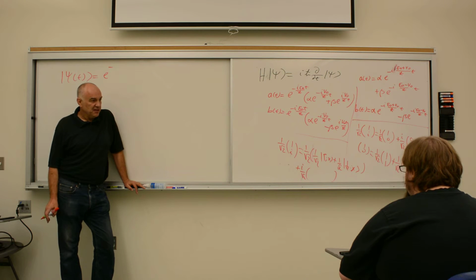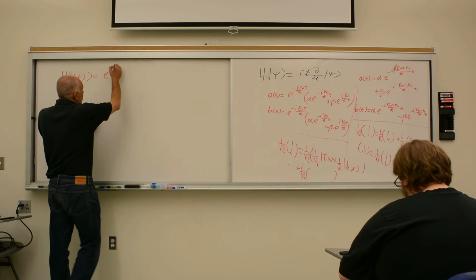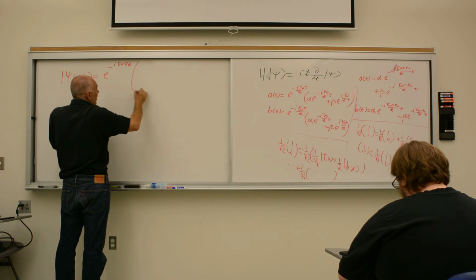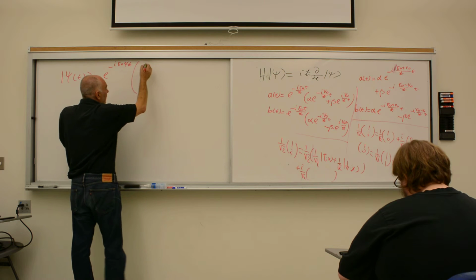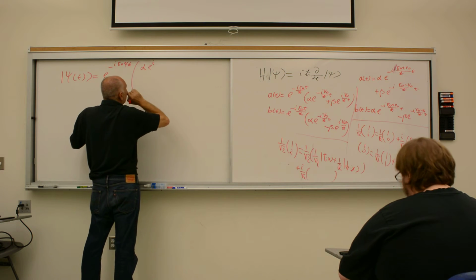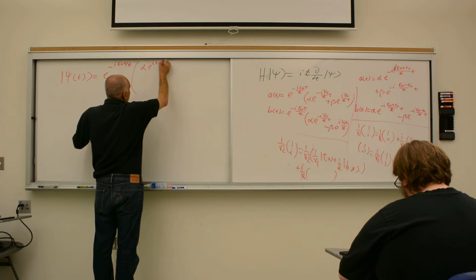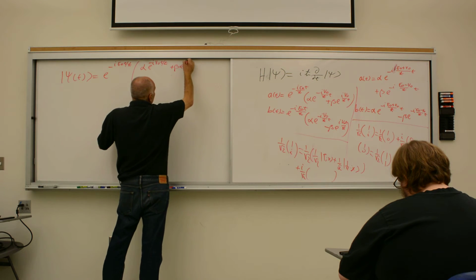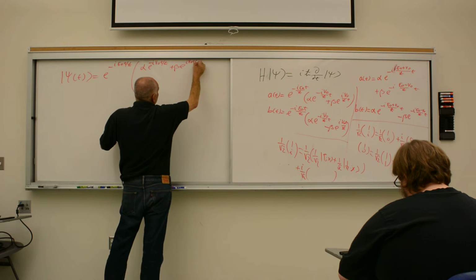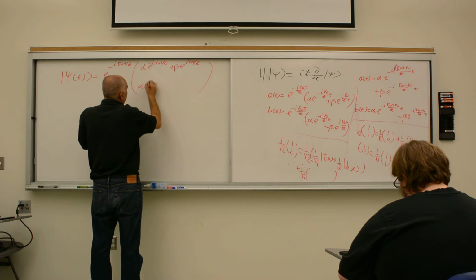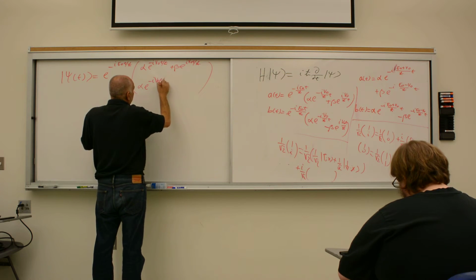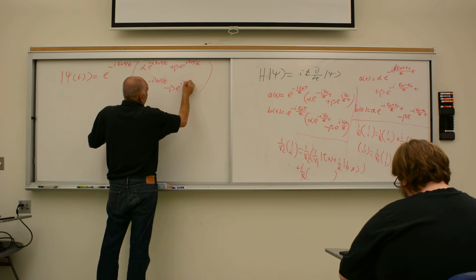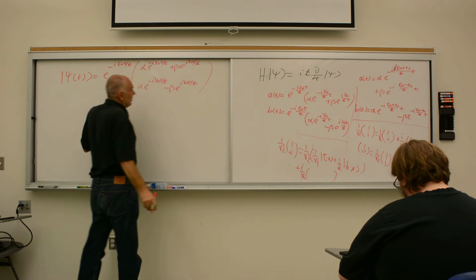So it's e to the minus i e0 t over h bar, and then you have alpha e to the i v0 t over h bar minus beta e to the i v0 t over h bar, and alpha e to the minus i v0 t over h bar minus beta e to the minus i v0 t over h bar. Okay, that's all I need.